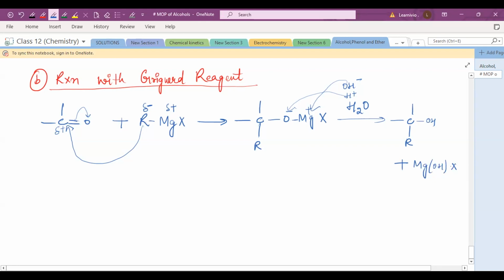Mechanism clear? Yes, ma'am. So that's how when you react the carbonyl compound with the Grignard reagent, you will again get the alcohol.